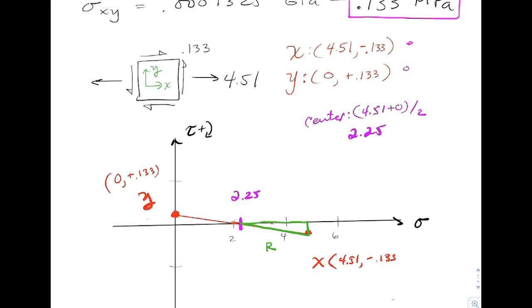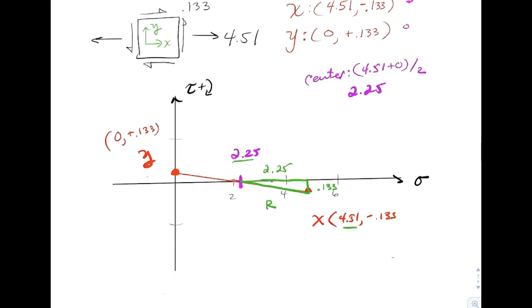That vertical distance is going to be 0.133. Horizontal, it's going to be 2.25. I took 4.51, subtracted 2.25, so I got a little bit of round off there. So r squared is equal to 0.133 squared plus 2.25 squared. It's going to give us for r an answer of essentially the same, 2.25.